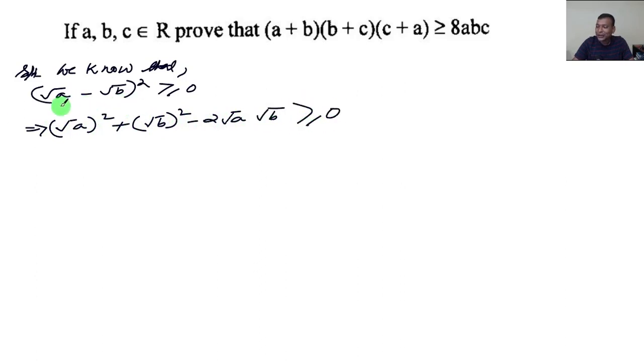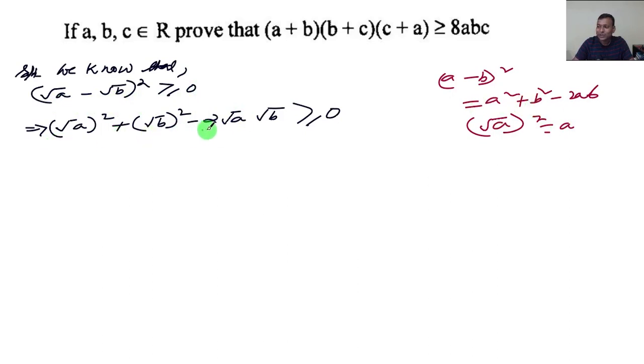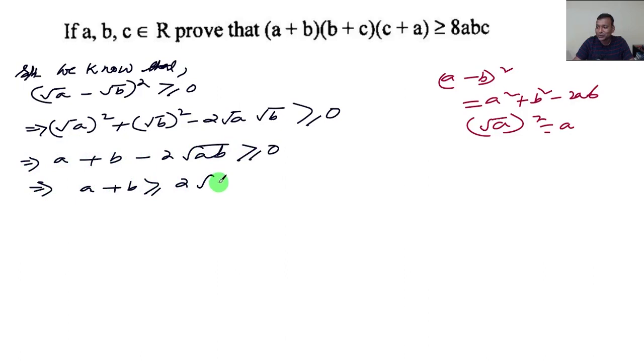Here I used the identity (a - b) whole square, which is a square plus b square minus 2ab, as well as root a square means a. So here it is a plus b minus 2 root ab is greater than or equal to 0. So this gives a plus b is greater than or equal to 2 root ab.